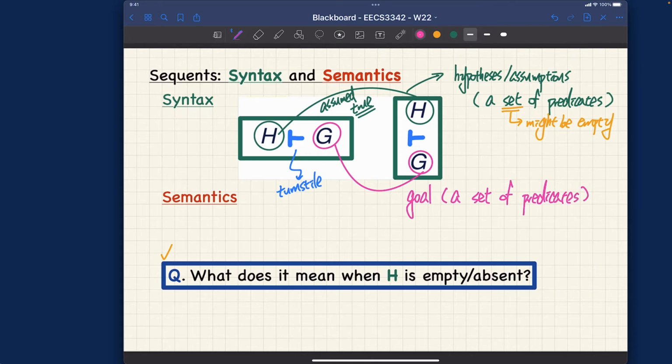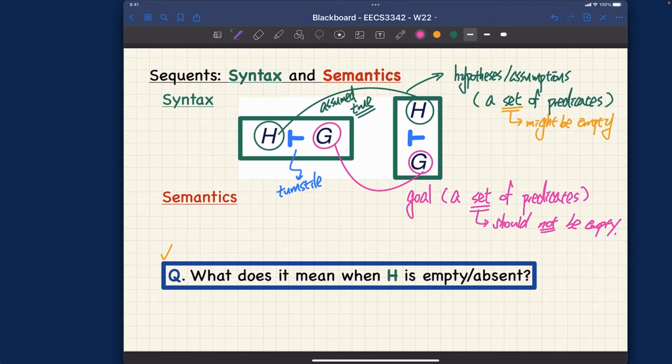Indeed, if you say it's a set, you might be thinking it might be empty as well, right? In theory, yes, but typically you don't really see this as empty. It should not be empty. It's really important for you to know that. In practice, it should not be empty, because it's certainly something we would like to prove.